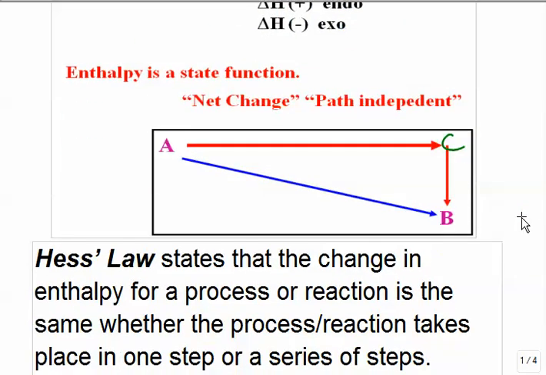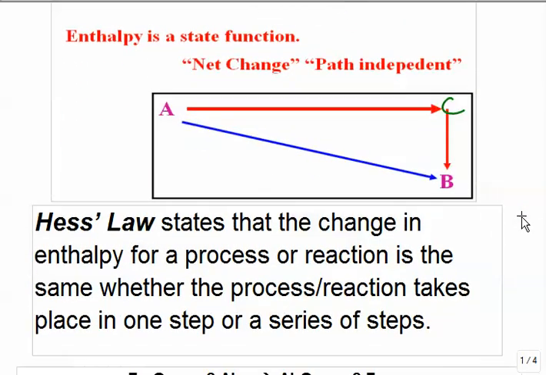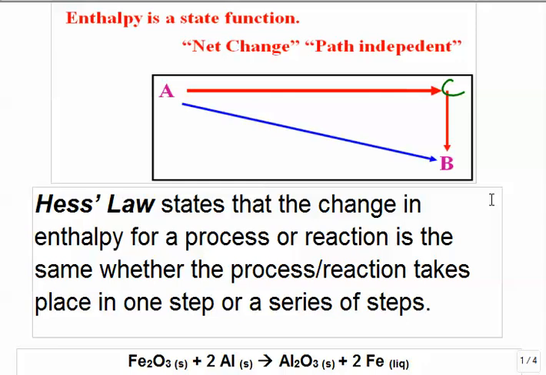And this is what we call Hess's law. Hess's law basically states that the change in enthalpy for a process or reaction is the same whether or not that process takes place in a single step or in a series of steps.